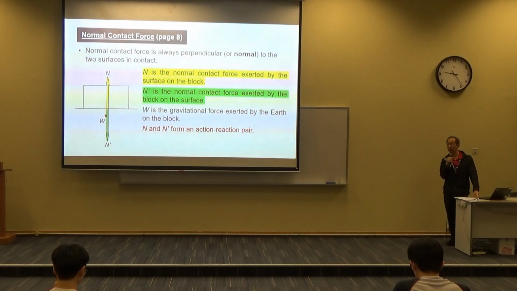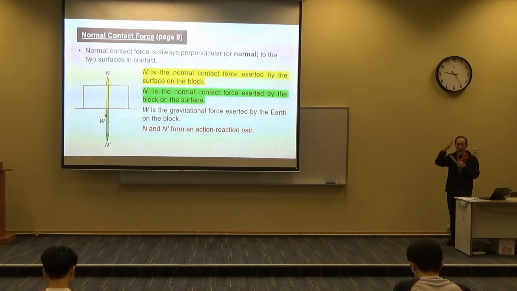So the contact forces are an action-reaction pair because one is the contact force by the object on the surface, and the other is the contact force by the surface on the object. Those of you who have studied Newton's third law well, I normally tell students, Newton's third law is that forces always come in pairs.